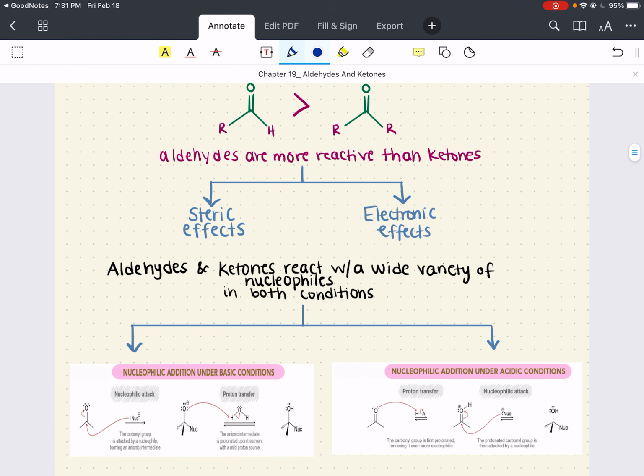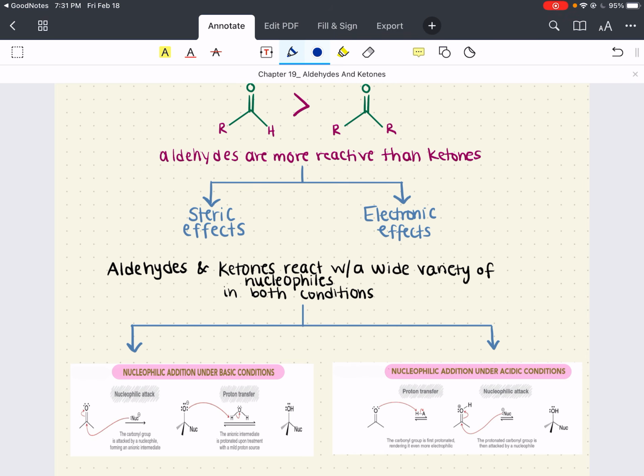In contrast to aldehydes, which are only going to have one alkyl group, one electron donating group. So that partial positive charge of the aldehyde is going to be a little less stabilized than that of the ketone. And as a result, aldehydes are going to be more electrophilic than ketones and therefore more reactive.